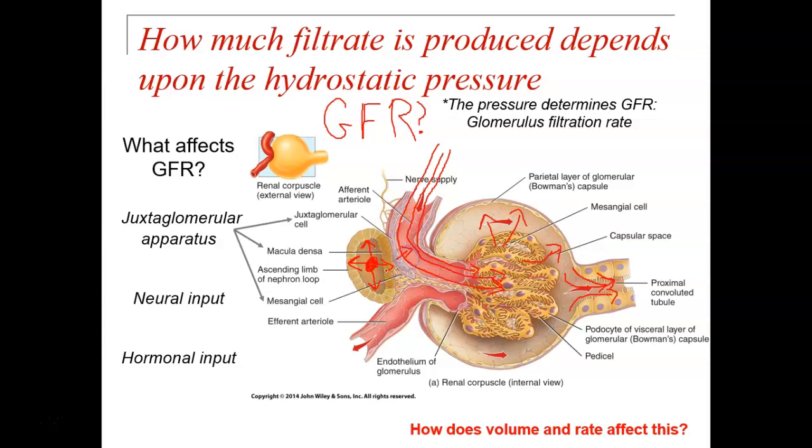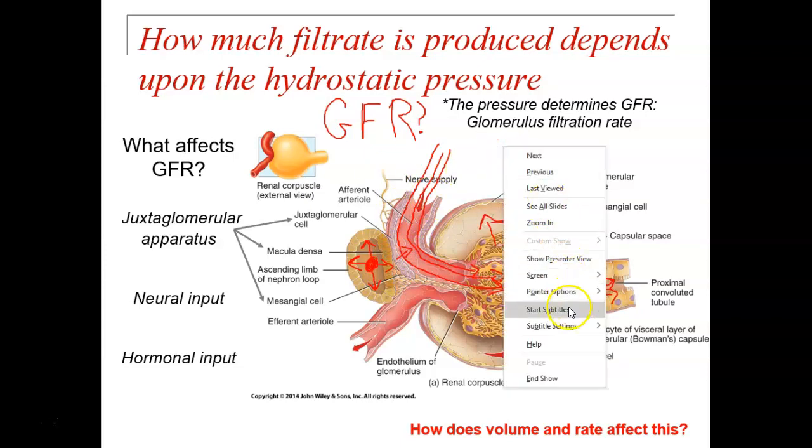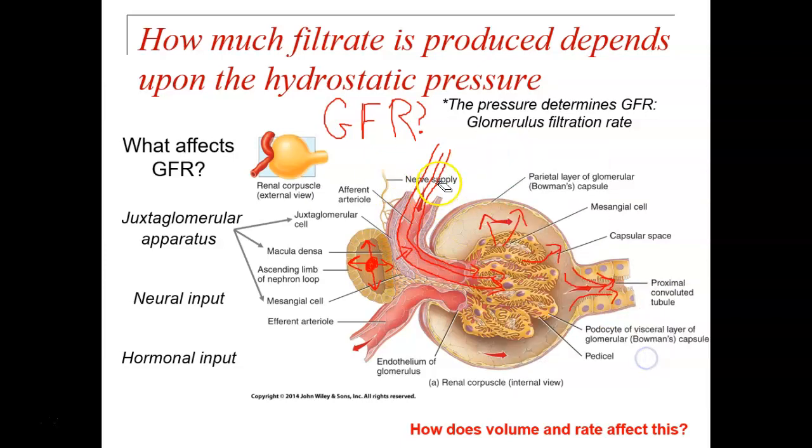And when they do that, it allows less blood to enter into the glomerulus, which means we produce less filtrate. If we produce less filtrate, that means there's no longer any sort of distension in the distal convoluted tubule. And now everything's right in the world yet again. Right, does that make sense?